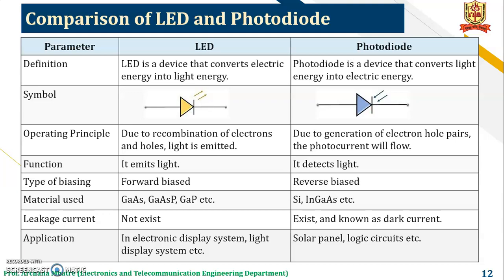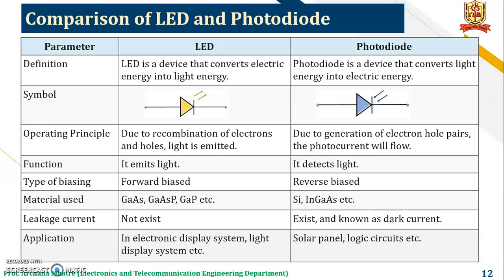In LED, due to recombination of electrons and holes, light is emitted. And in photodiode, due to generation of electron-hole pairs, the photocurrent will flow. Function: LED emits light, and photodiode detects light. Type of biasing: forward biasing in LED, reverse biasing for photodiode.